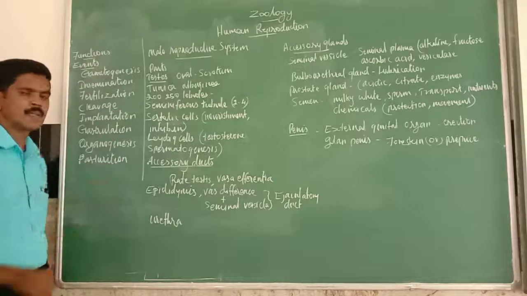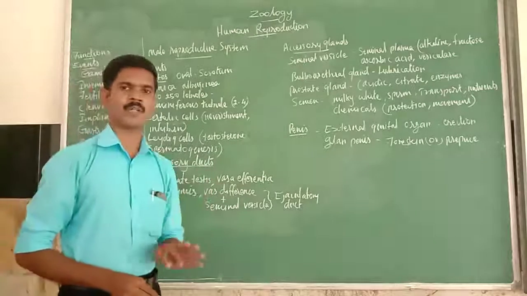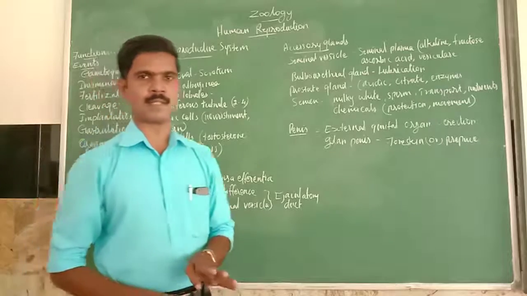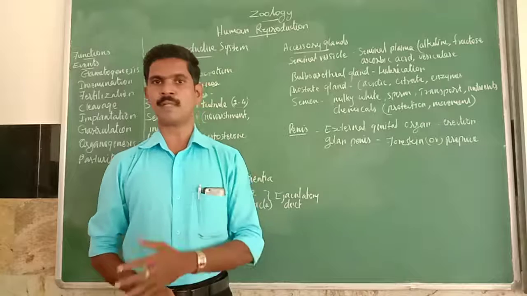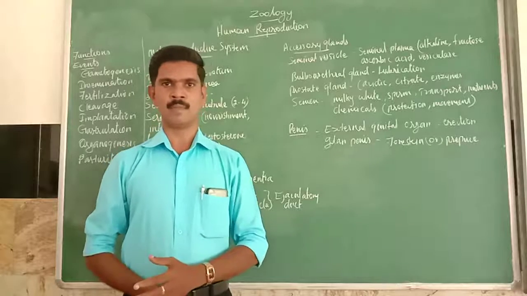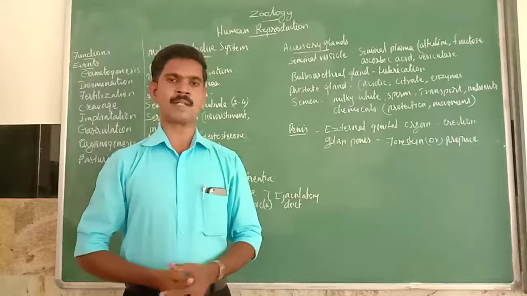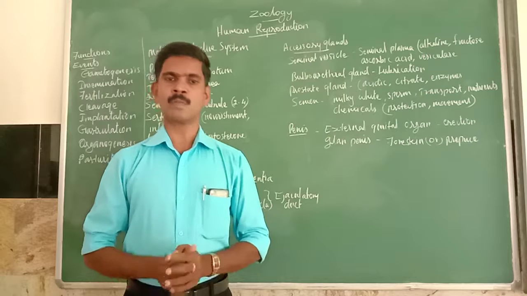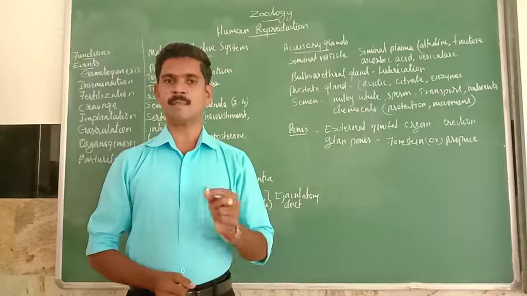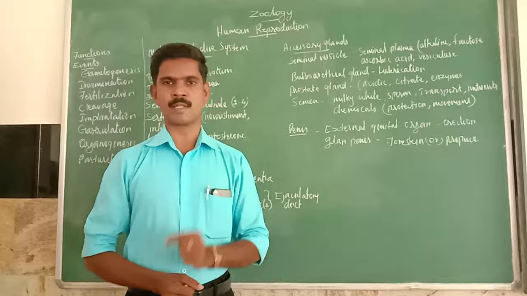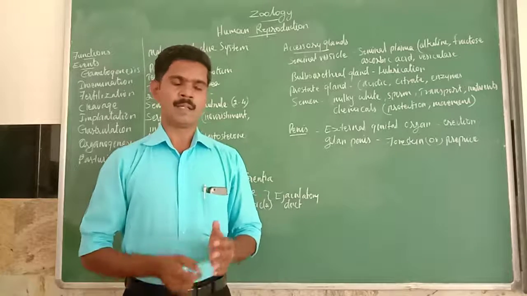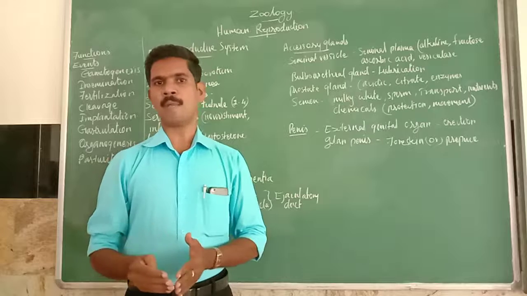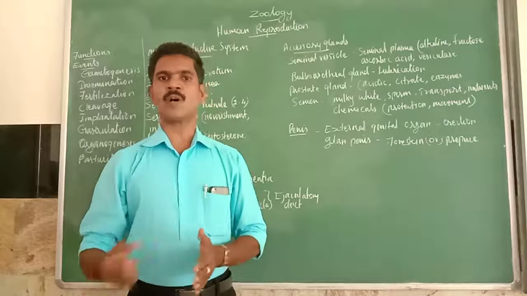Our reproductive system performs four important functions. The first function is producing the gametes. The male gamete is called sperm and the female gamete is called ovum or egg. Gametes are otherwise called sex cells. And the second function is transporting the gametes from one place to another.